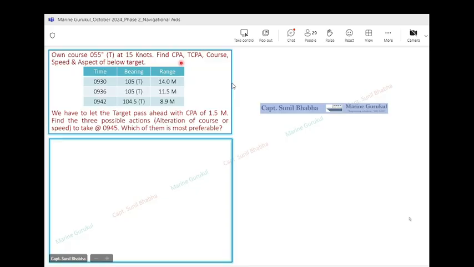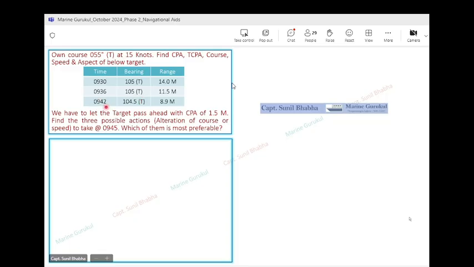Find the CPA, TCPA, course, speed and aspect of the below target. The bearing and range of the target is given. At 0930, bearing is 105, range is 14 miles. After 6 minutes, 0936, the bearing is given as 105 degrees, range is 11.5 miles.